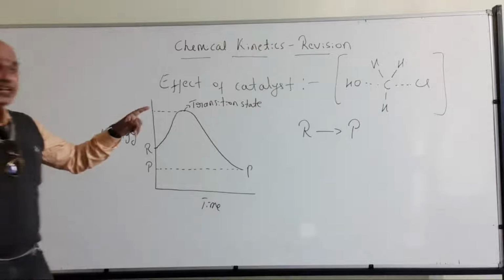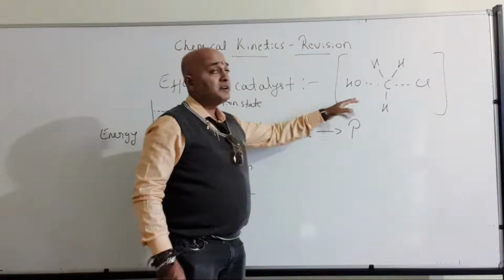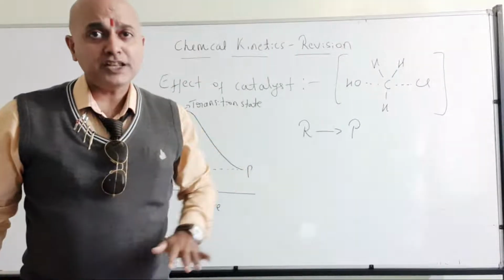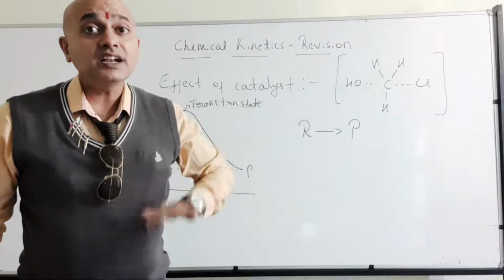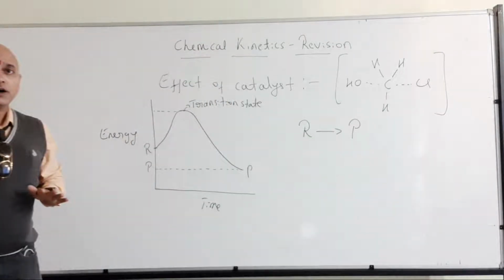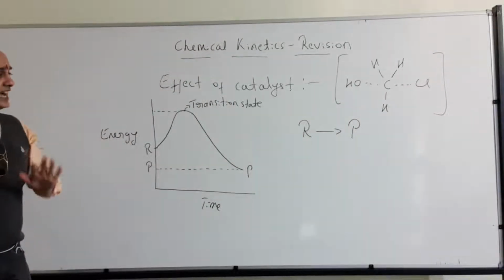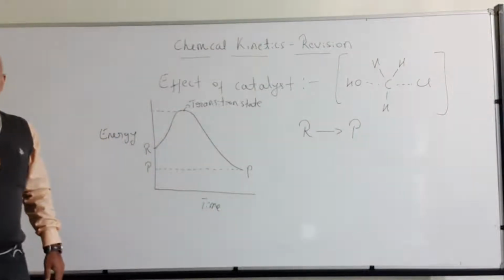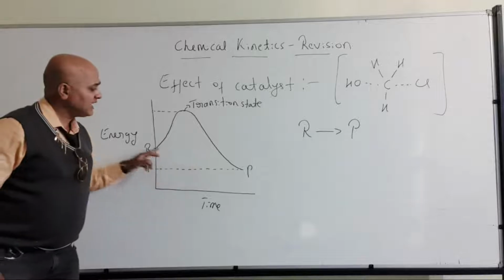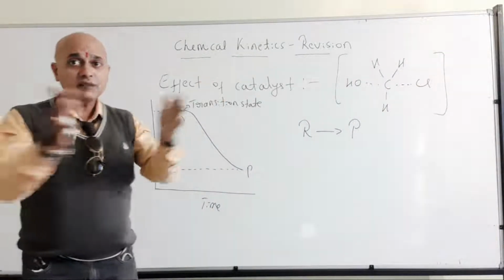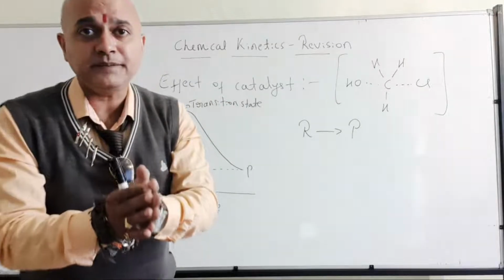Same way, all reactions happen like this. But you mention this particular transition state only for SN2 type of reactions. For others, you are not mentioning, that's it. But that doesn't mean that in all the other reactions, no transition state will be formed. No. All reactions happen through the transition state only. They cannot happen directly like this. They have to go to the transition state because they will be colliding with each other.